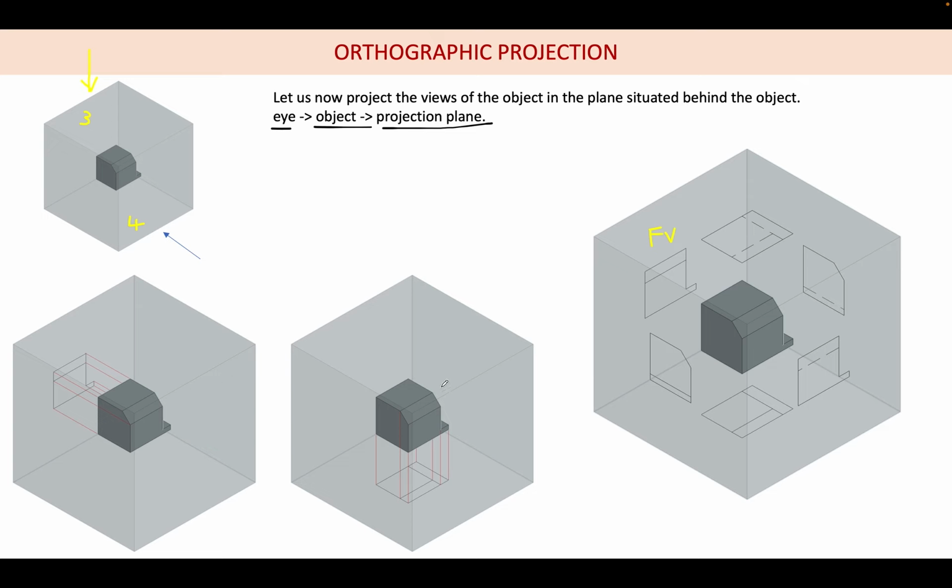Similarly your left side view will be projected in the right hand side plane, and your right side view will be projected in the left hand side plane. Your bottom view will be projected in the top, top view will be projected in the bottom, and rear view will be projected in the front. So we got 6 like this.